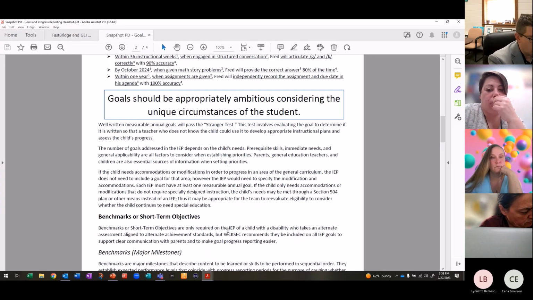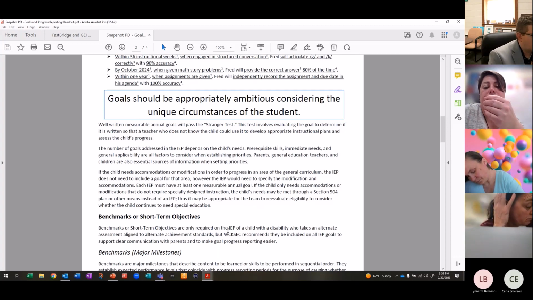The reason why we want to make sure goals can be measured in more than one setting is if the kid moves, we want to make sure that a goal can still be done. That's one thing I didn't mention: instead of noting FastBridge, I would recommend using more generic terms such as on a reading curriculum-based measure, or on a math curriculum-based measure, or some other type of district-wide assessment, so that even if they move to another district that doesn't have FastBridge, they can still write a progress report off of that.